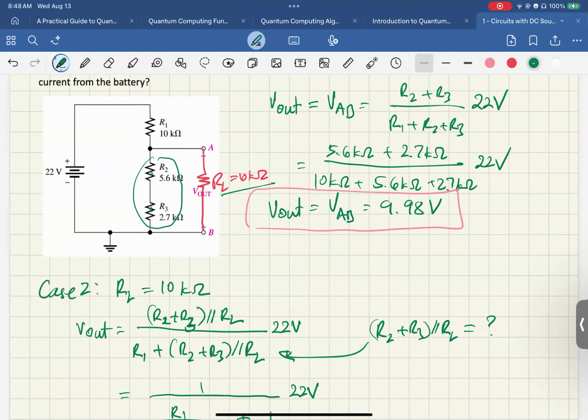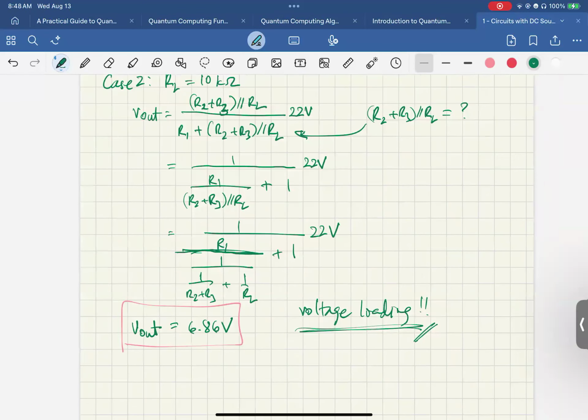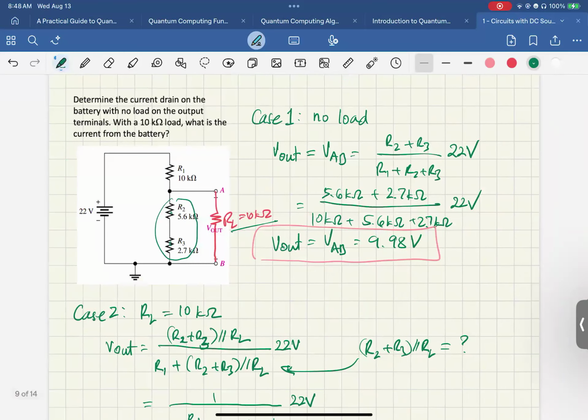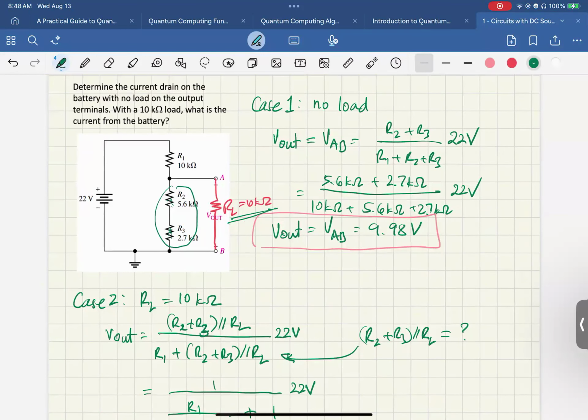So yun yung reason kung bakit meron tayong voltage loading. Kasi itong load resistance is in the same order as the sum of these two resistances.